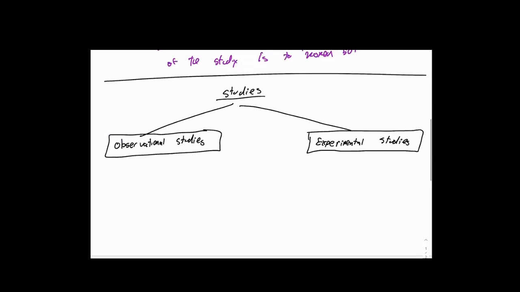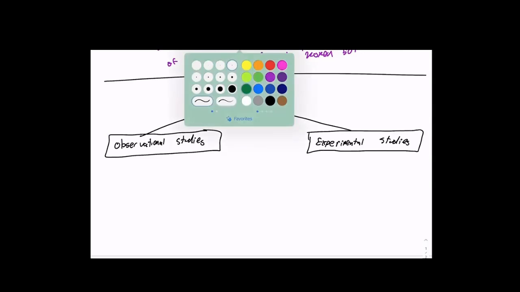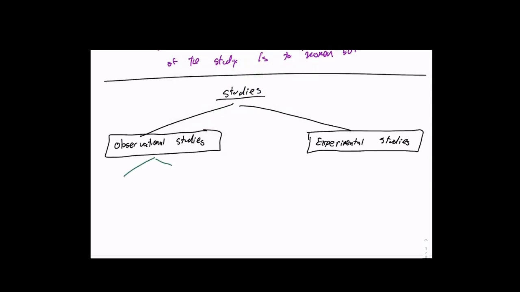In regards to observational studies, there are two types: a retroactive observational study, and a prospective observational study. I will define these in a little bit.